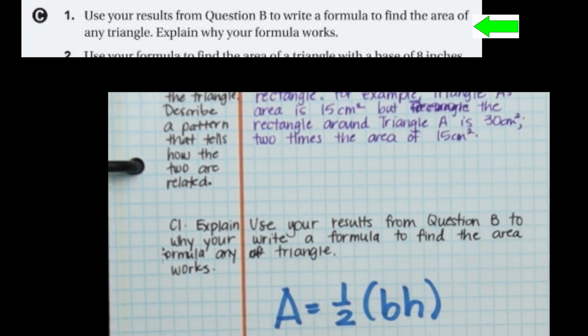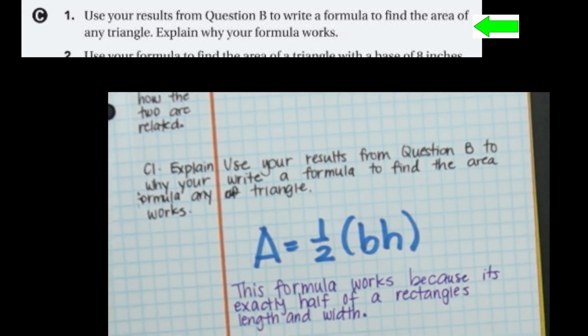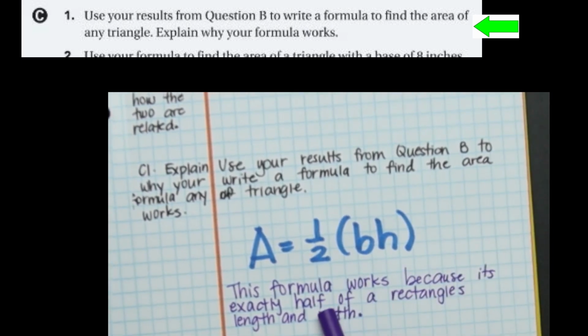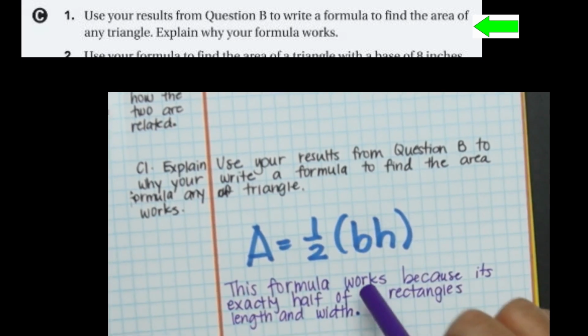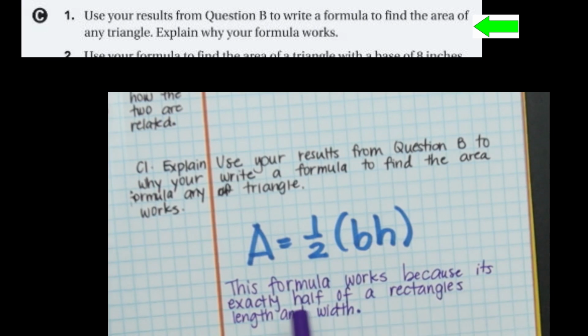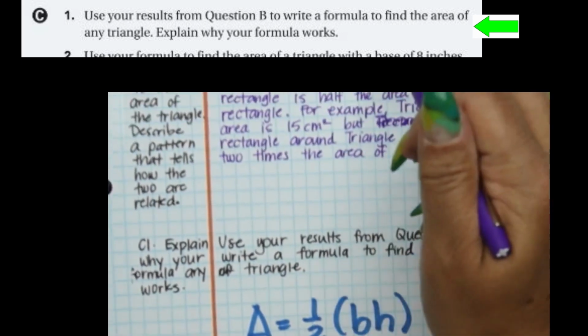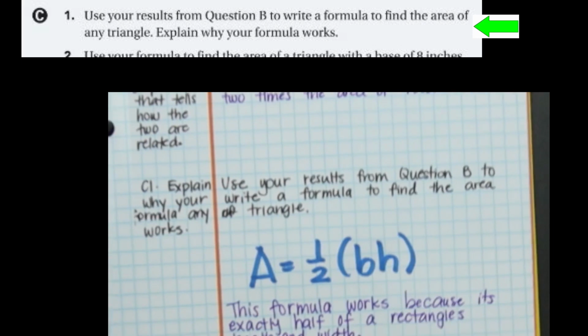The reason this formula works for me is that it's exactly half of a rectangle's length and width, and that's the rectangle around the triangle. So I could have been more precise on this one too. I could have added half of the rectangle around the triangle. So for these two, I could have edited some more to be more precise. This is just a draft.